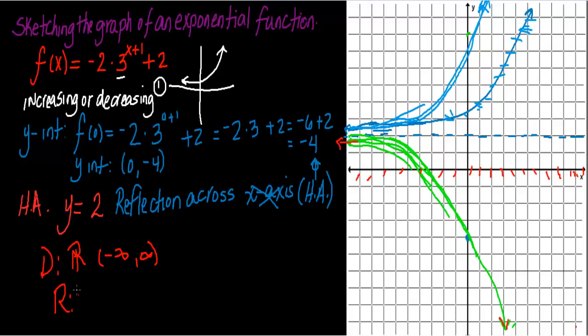For your range, remember, we sweep all the way from negative infinity. Notice I do have a graph down here from negative infinity all the way to where it stops. It stops right below the asymptote. So that means that my range will be from negative infinity all the way to 2, and that's where your graph stops, the y values.